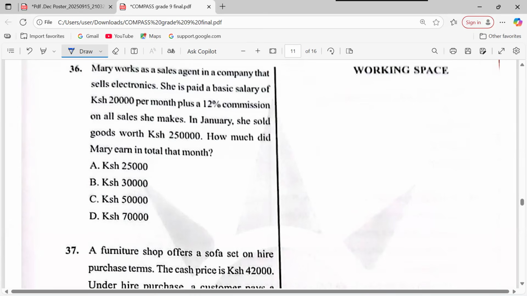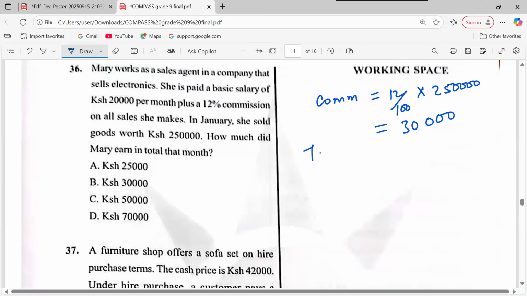First, we're going to get the commission that she's going to get. 12% of sales. So 12% of 250,000 shall give us 30,000. This is now the commission that she obtained.